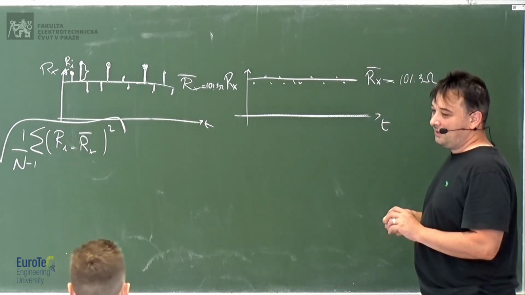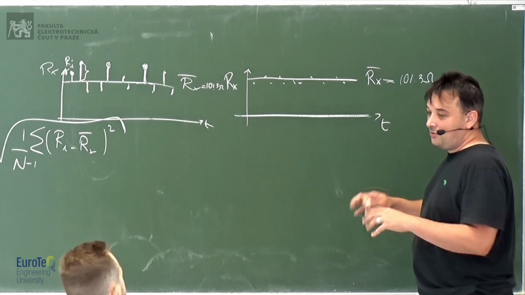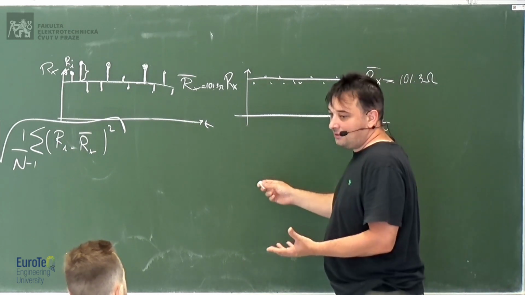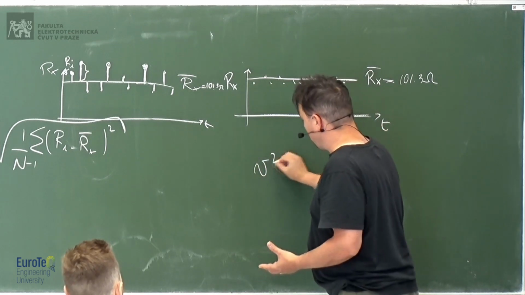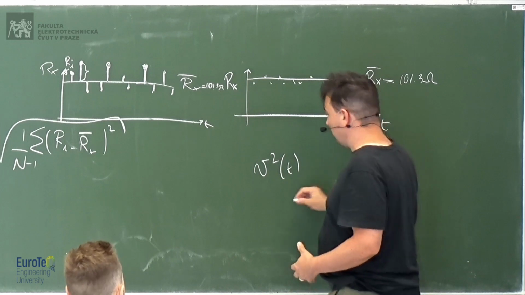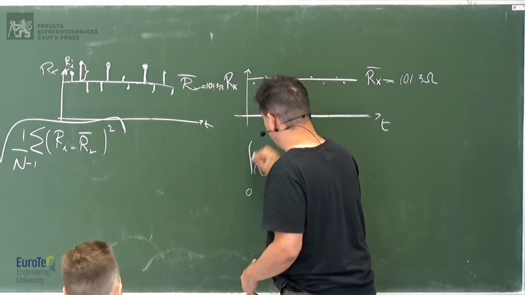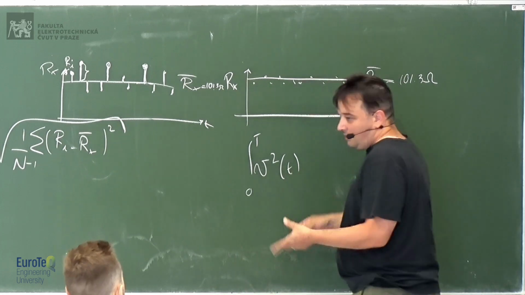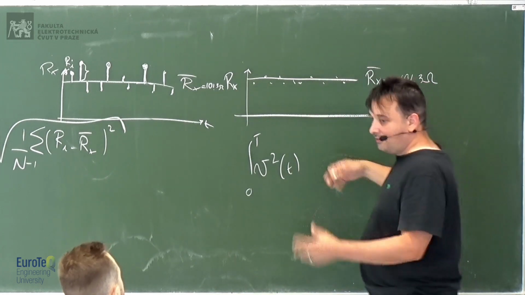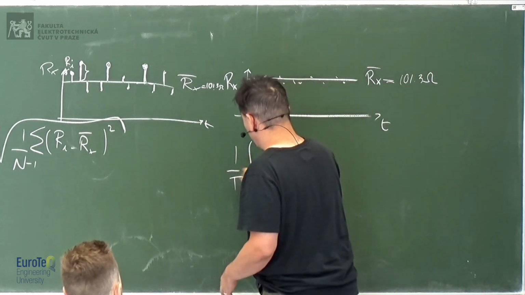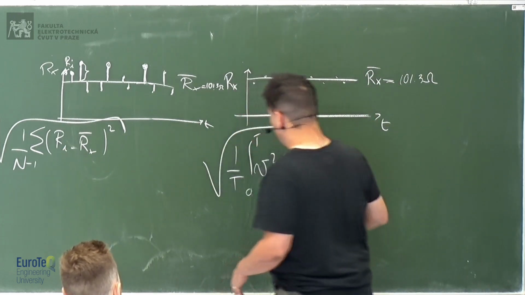RMS is something different, because in RMS, for instance, if you have a voltage, you square the voltage, then you integrate it over a period, if you have a periodic signal. It doesn't need to be a periodic signal, but generally speaking, if you handle periodic signals, you take something like that.